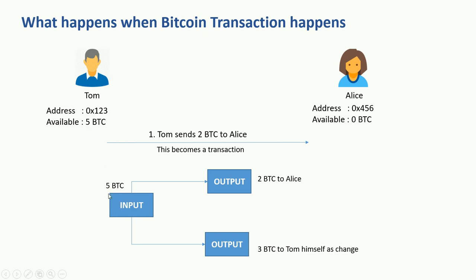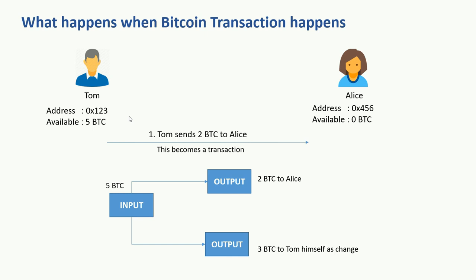In the banking world, the bank deducts that amount. Here in the Bitcoin world, the protocol, the Bitcoin core software, sends the remaining amount back to Tom himself. So 2 BTC goes to Alice, and the remaining 3 BTC goes as change to Tom himself. The protocol or the software takes care of it. This is how the protocol works.